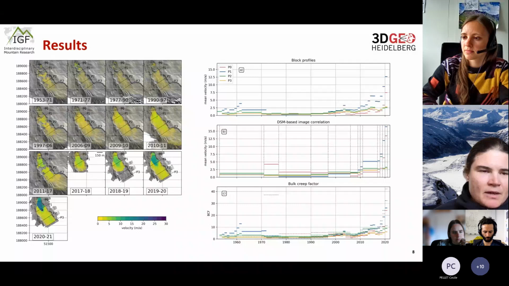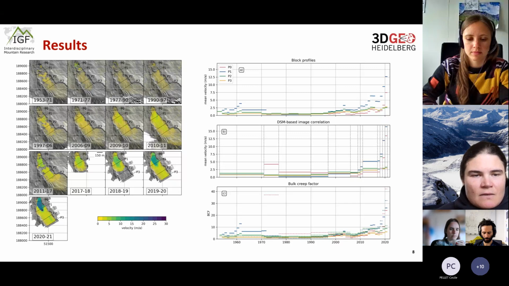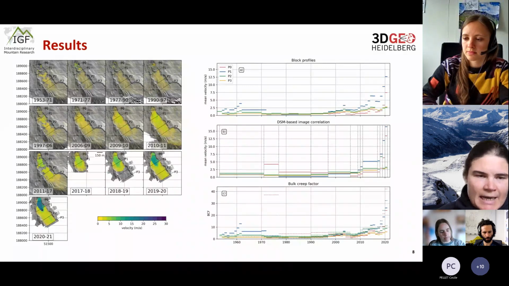What I want to point out is that in recent years, the lower section has been really fast. We can also see in these images that the destabilized section is delineated quite well from the other part. So this is not a gradual increase in velocity towards the lower part; there's a sharp line, which also coincides fairly well with some of those big scarps we saw in the animation before.